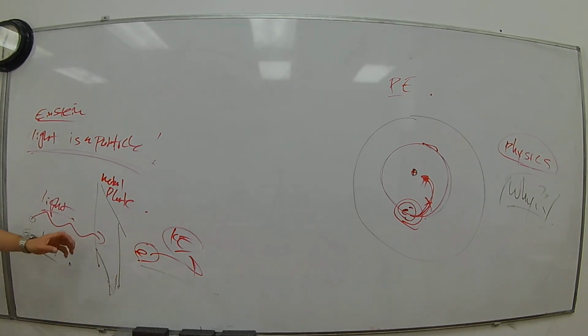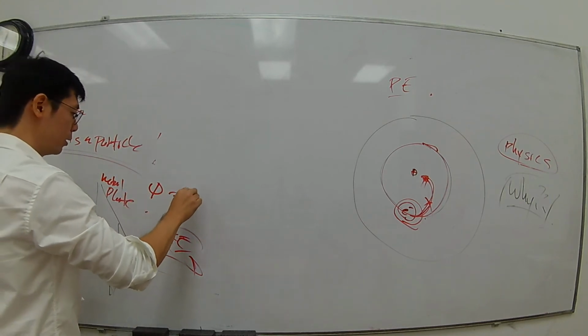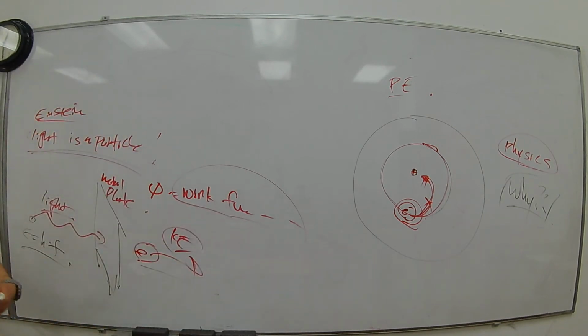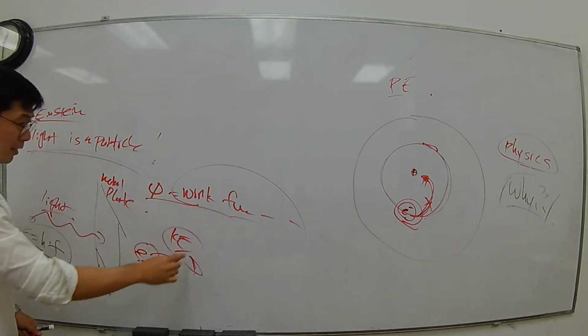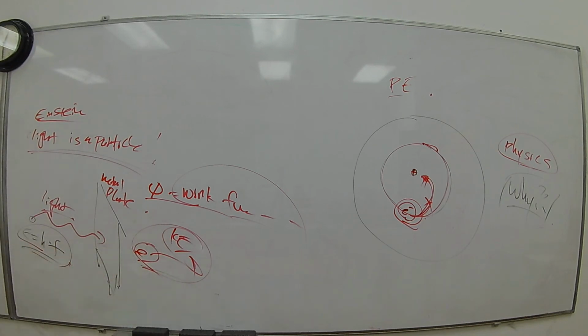The amount of energy needed to remove the electron is what we call the work function. The remaining energy comes out as the kinetic energy of the electron. That's the main idea.